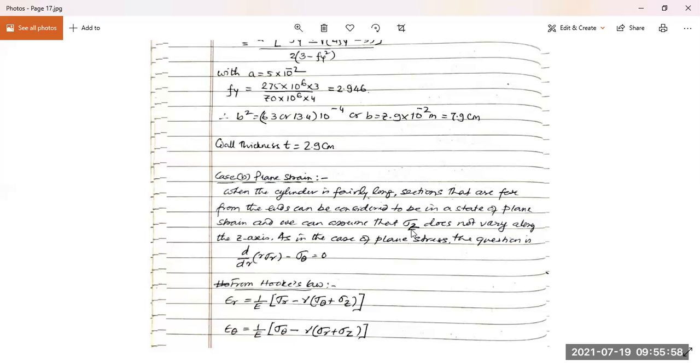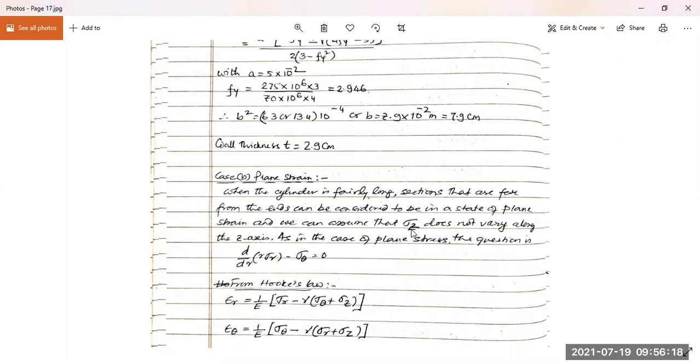Now, if the cylinder is too long and there are no such ends, that is, the cylinder is not closed at both the ends, generally the stress along the z-axis, or the stress in the longitudinal direction, does not vary at all and does not exist even in some cases.